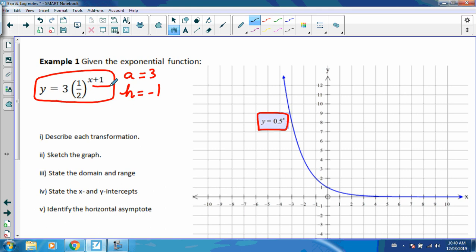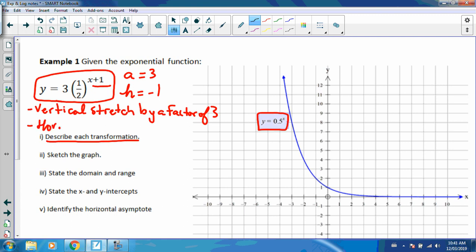So we're going to first describe these transformations. a equaling 3 means that there is a vertical stretch by a factor of 3. And h being negative 1 means that there's a horizontal translation one unit left.